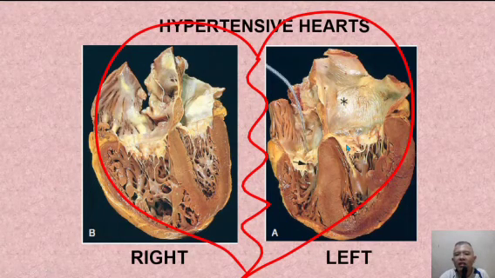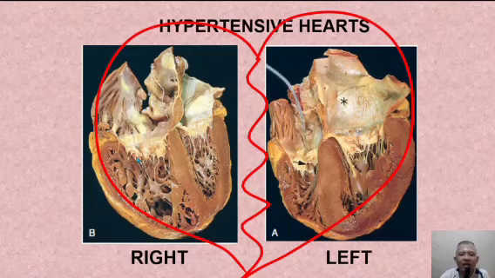Take note that in left-sided hypertensive heart or hypertrophied heart, you have concentric thickening, compared to hypertrophic cardiomyopathy, which is asymmetric septal hypertrophy. For right-sided hypertrophy or right-sided hypertensive heart, okay, here the right ventricle is hypertrophied.